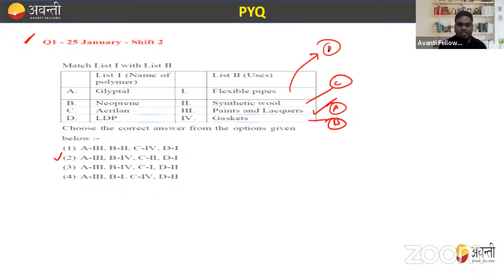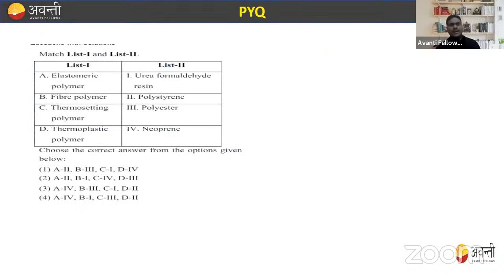Correct match type of question. Now again, one match type of question is there basically in polymer. Now what happens? They give questions in this type only, like sometimes they give the types of polymers and their classification related to the polymer with their properties, and you have to match, that is, in which they have a strong force and in which weak force is there, which shows elasticity, which does not show elasticity.